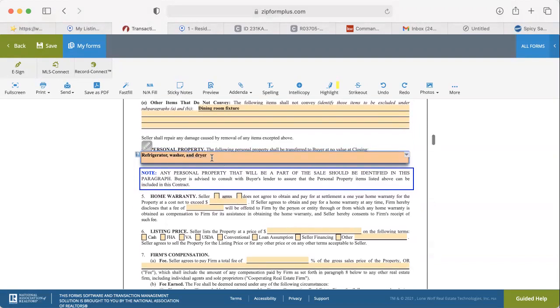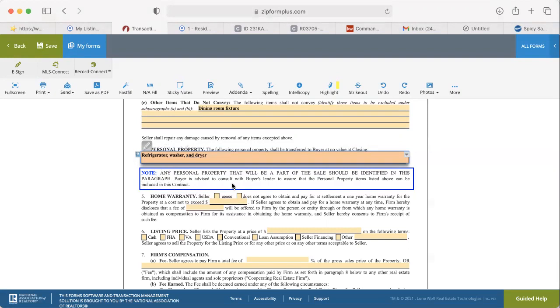Now, if you're listing a property that's a beach house coming fully furnished with everything in it, including dishes and silverware, this box here in the blue says any personal property that will be a part of the sale should be identified in this paragraph.